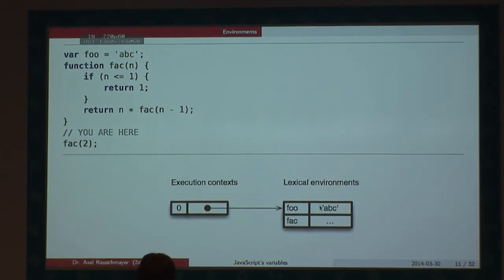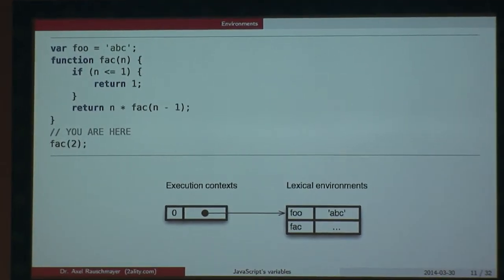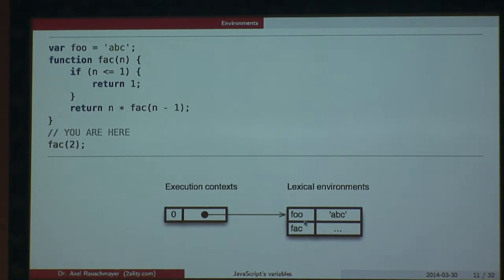This is the environment for global variables. You can see foo is a global variable, stored down here, with the value ABC. Fac is a global variable, and its value is a function. So this is the stack of environments at the very beginning of the program, and this is where the global variables are stored.